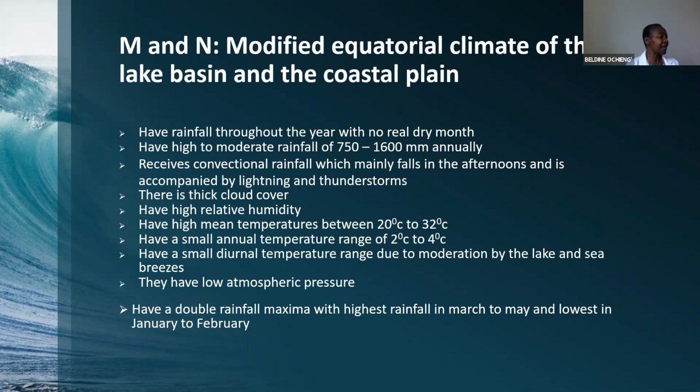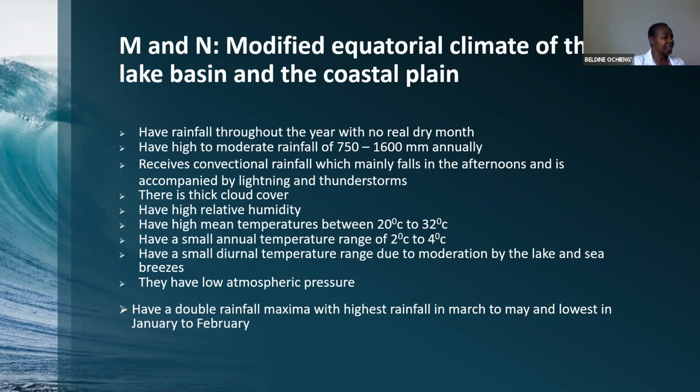Have high relative humidity because of the convectional currents, high temperatures. We'll be having the so-called high relative humidity in the region. Evaporation rates from the ocean, from the lake, will give us a lot of moisture in the atmosphere that qualifies for high relative humidity.